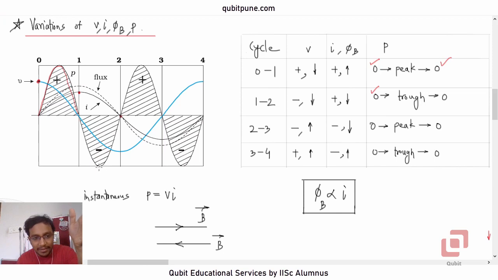It will peak here, trough, and then it will again come back to 0. Why will the instantaneous power be 0 at the end of the first half of the cycle? It will be 0 because the instantaneous current there is 0. Okay, so we have now completed 0 to 1 and then 1 to 2.